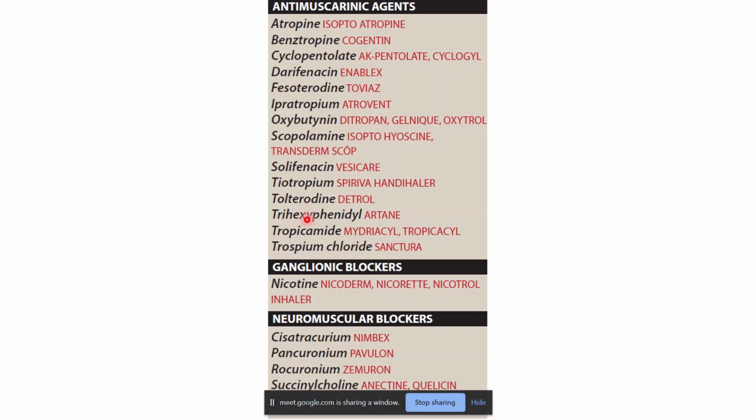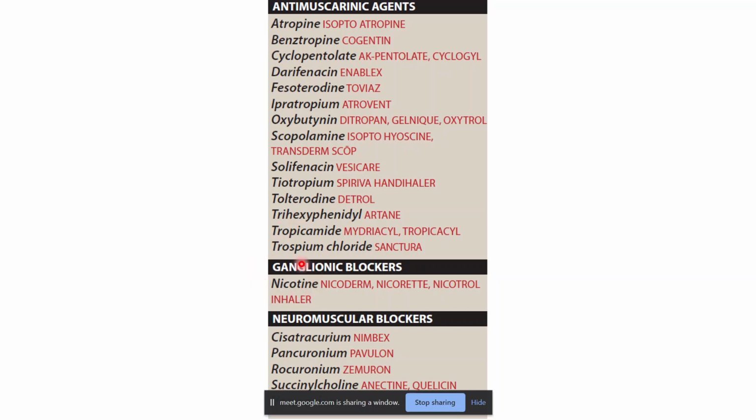The main purpose of this is to cause mydriasis, so the increase in the size of the pupil, which makes it easier to see the retina and to diagnose the different eye diseases.